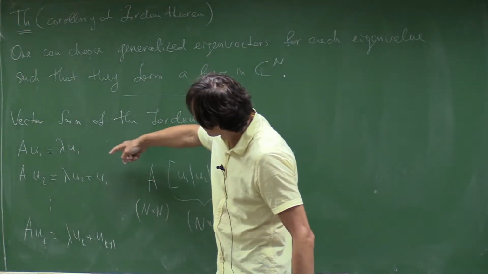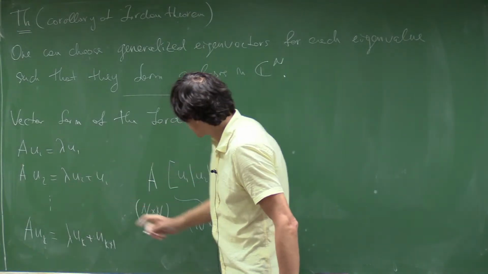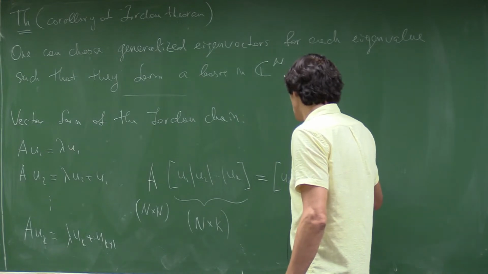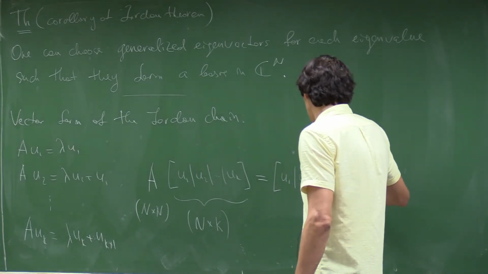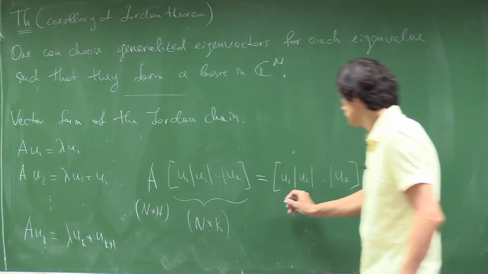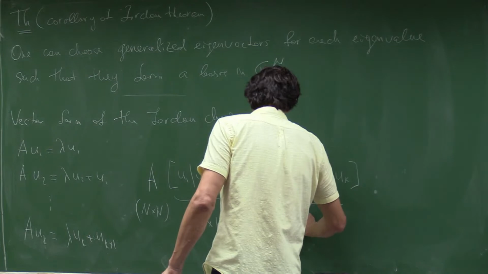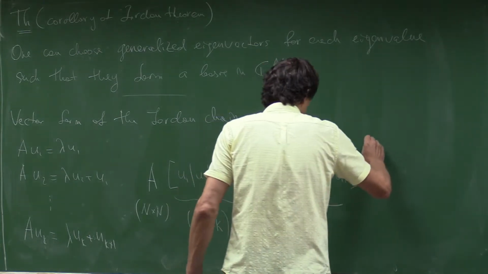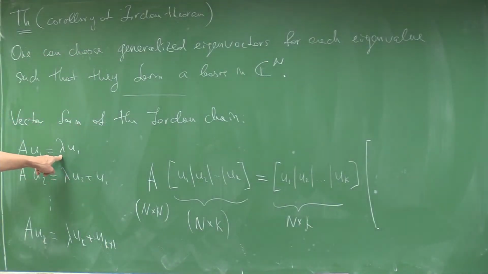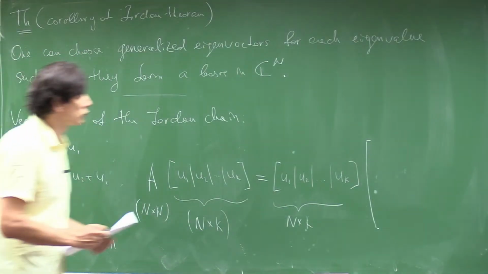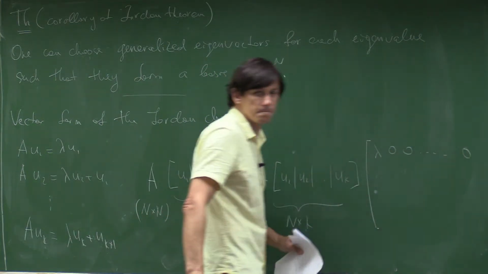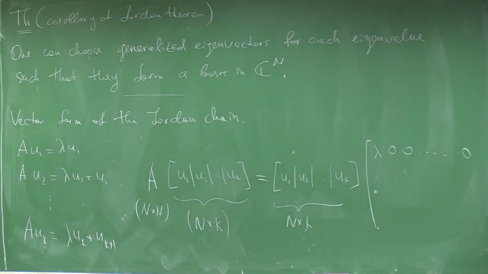On the right-hand side, we have vectors with different coefficients. This right-hand side you can write as the same matrix of generalized eigenvectors taken as columns, multiplied by what? First you should get u1, so you put lambda, 0, 0, 0.